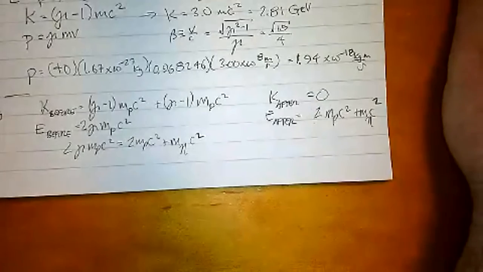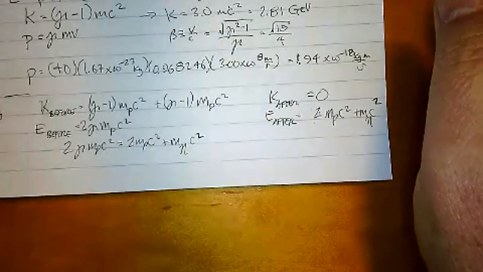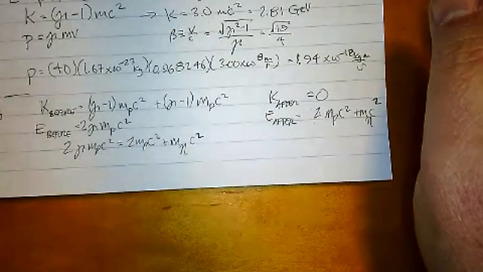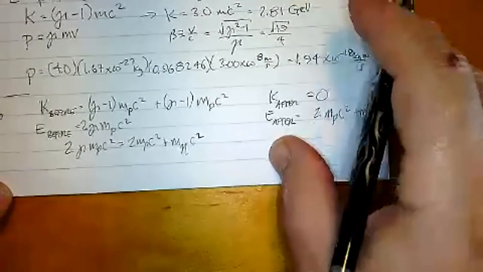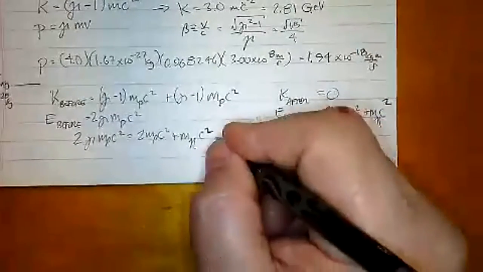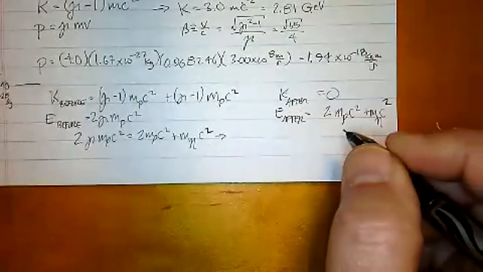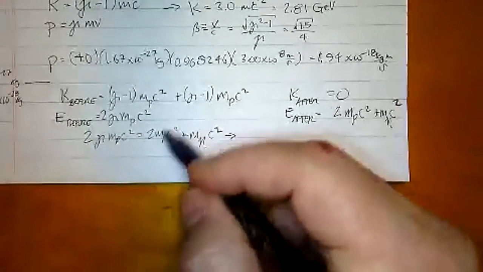And was it asking for the kinetic energy or the total energies of the protons beforehand? It's asking for the initial speed of the protons. Okay. Well, check this out, how I have it written.